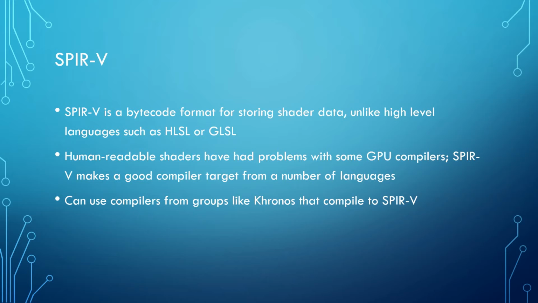But one of the problems is that from GPU to GPU and driver to driver, these languages can be interpreted differently and can have errors and issues, and there can be some costs associated with creating those shaders as we're running our application. This just makes things a bit faster, and also provides a uniform target for us to use when using those shaders.